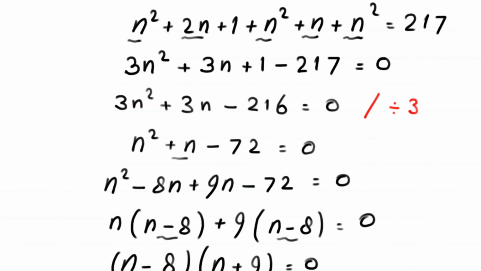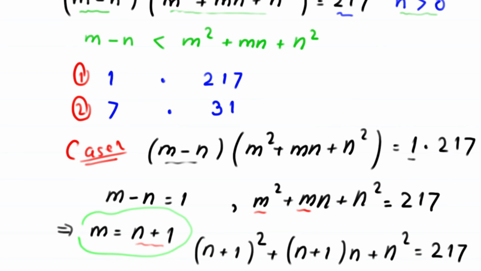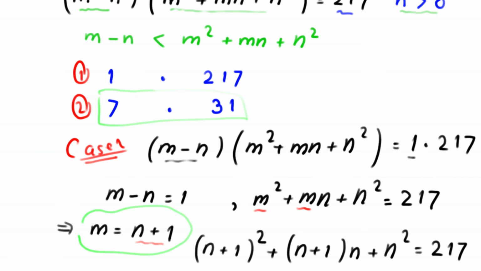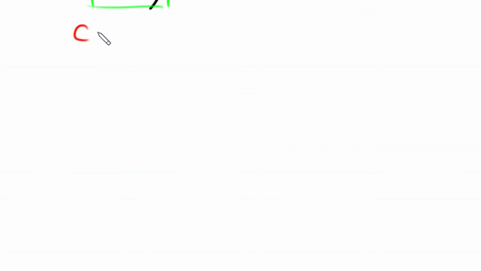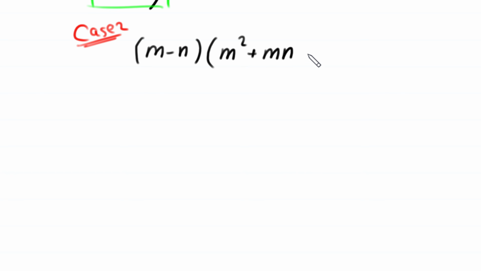In case number 2, we write the expression m minus n times m squared plus m times n plus n squared equal to 7 times 31.